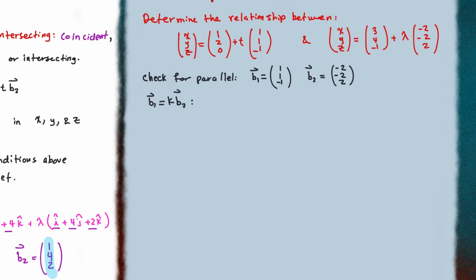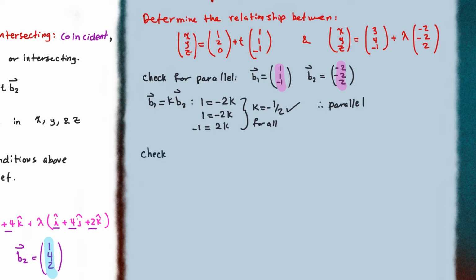We're going to test to see if one is a scalar multiple of the other. In this case, 1 is equal to negative 2k, 1 is equal to negative 2k, and negative 1 is equal to 2k. We will consistently get that k is equal to negative 1 over 2 for all of these, and that means that the two lines for sure are parallel.